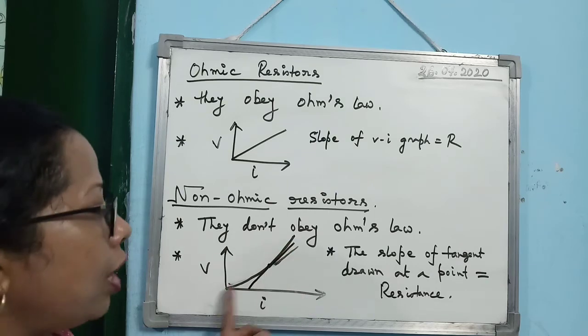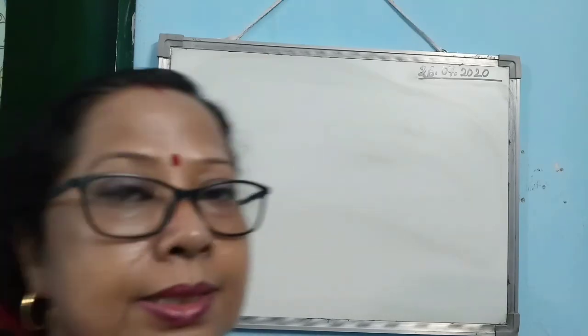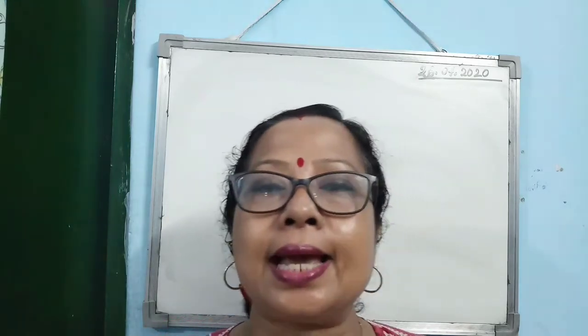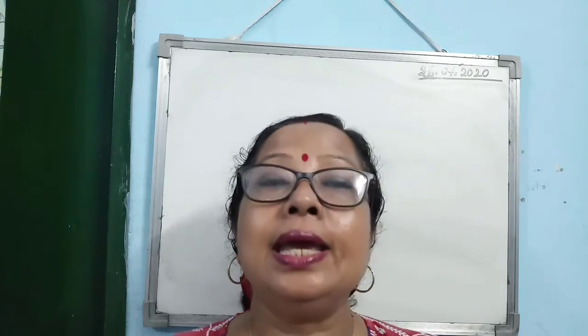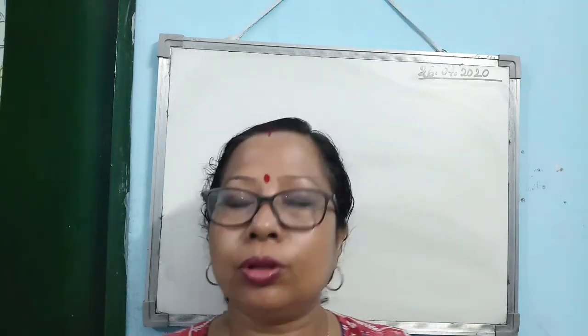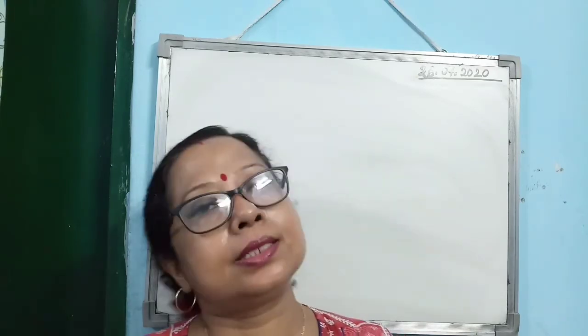It varies from one point to other. Now what are the examples of non-ohmic resistor? That also you must know and remember. Electric cell, electric bulb, solar cell, then junction diode. Okay, these are all examples of non-ohmic resistors.